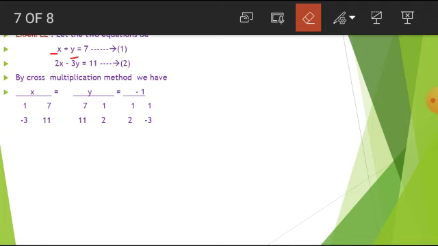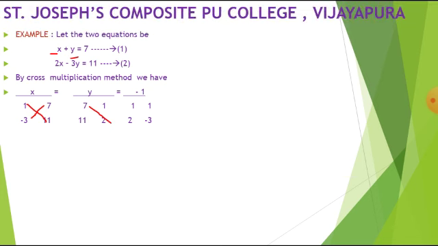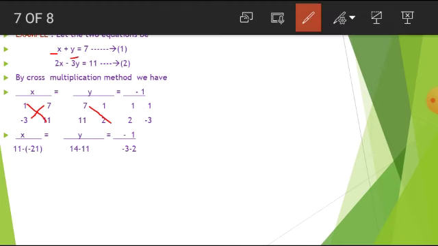Now we have to substitute it. How to substitute? Now you have to cross multiply like this. After multiplication, 1 into 11 is 11, minus into plus minus, so 3 sevens are 21, minus 21.